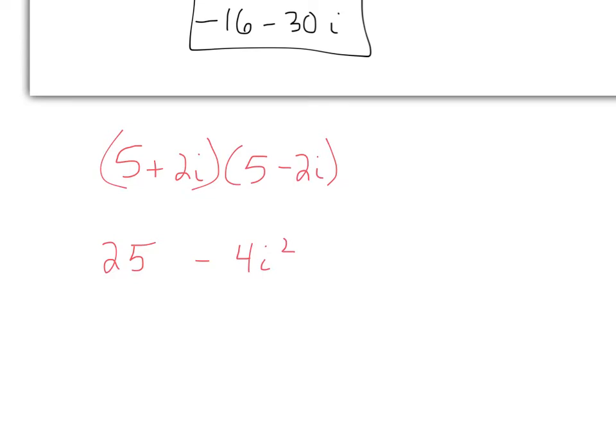Okay, giving you? i squared is negative 1, right? So what does it become? It would become 25 plus 4, which is 29. And what's interesting is this. You started with multiplying two imaginary things, and you end up with what kind of an answer? A real answer.